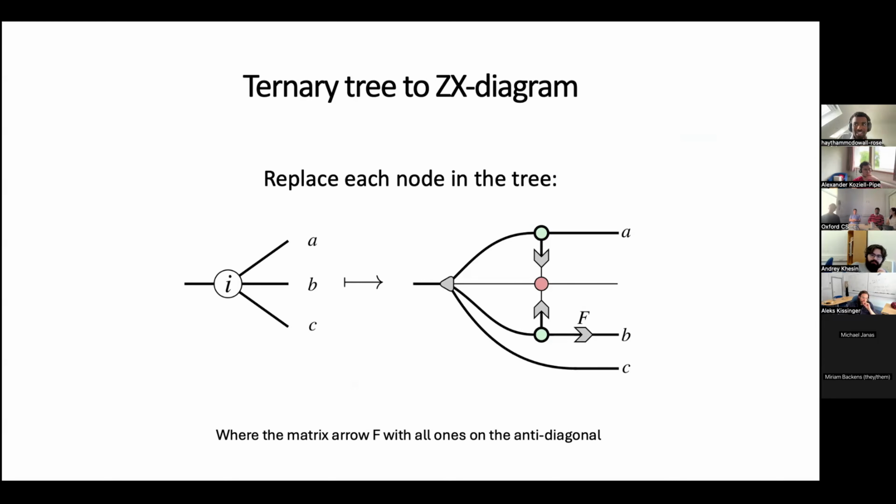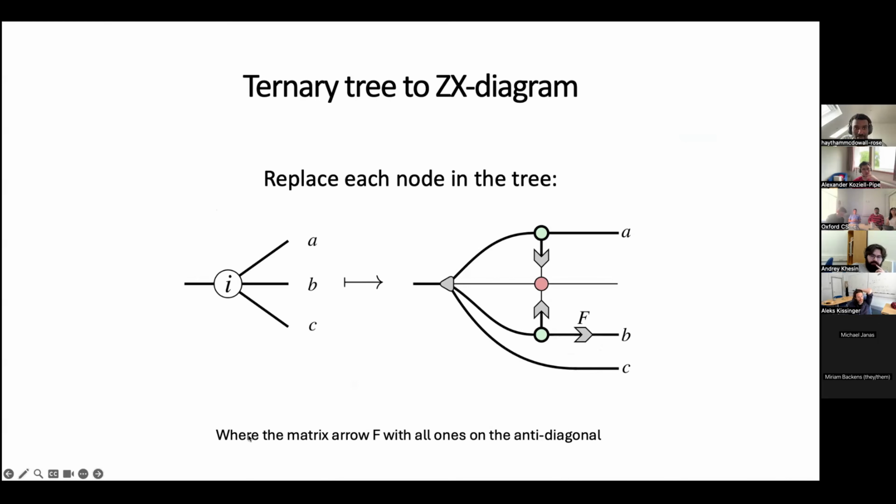Every ternary tree has an associated linear encoding, and a linear encoding is just a scalable ZX diagram. But yes, every ternary tree has an associated scalable ZX diagram slash matrix, depending on how you want to look at it. This is the translation.